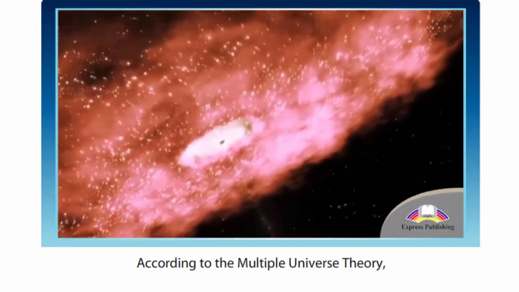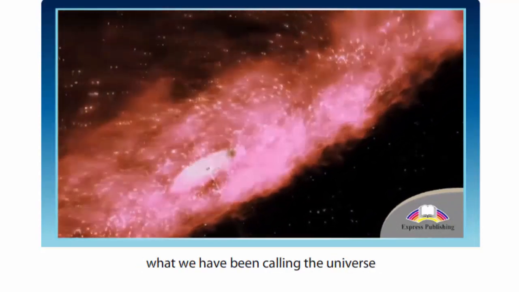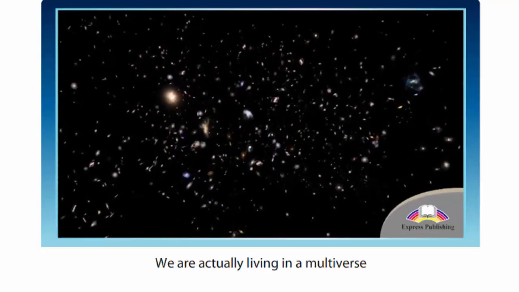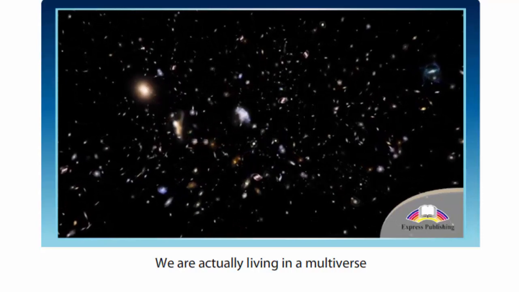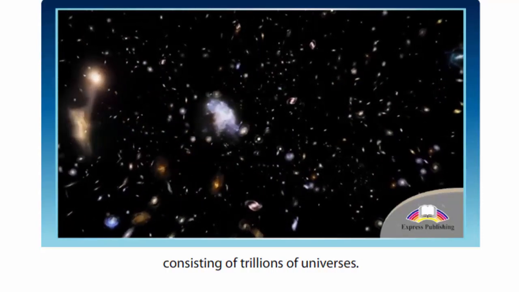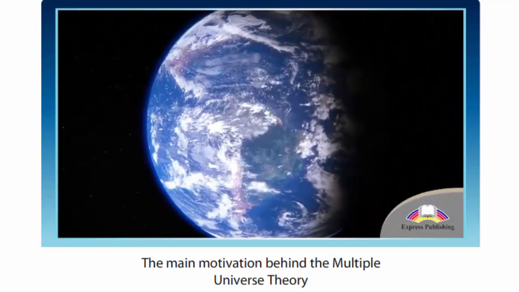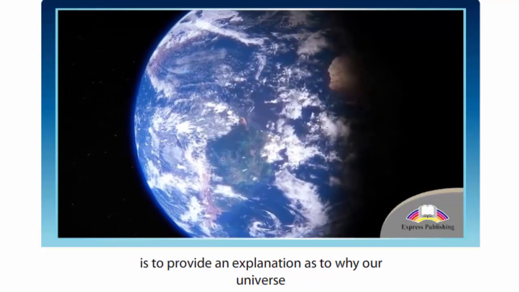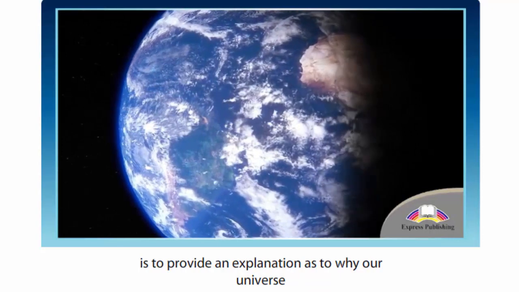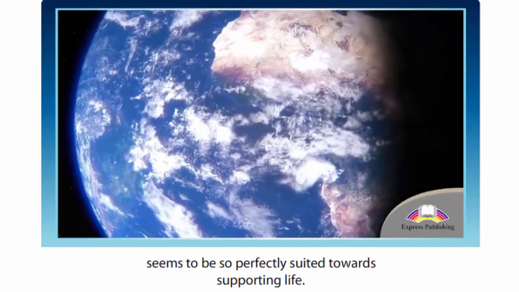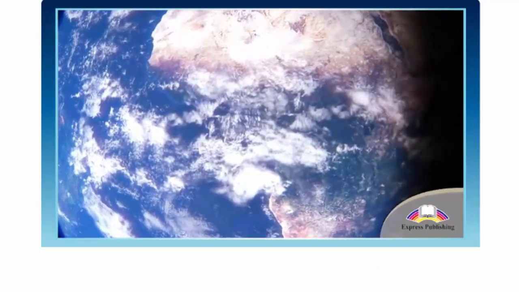According to the multiple universe theory, what we have been calling the universe is actually nothing like we thought. We are actually living in a multiverse consisting of trillions of universes. The main motivation behind the multiple universe theory is to provide an explanation as to why our universe seems to be so perfectly suited towards supporting life.